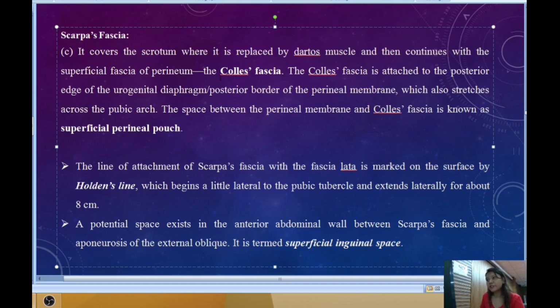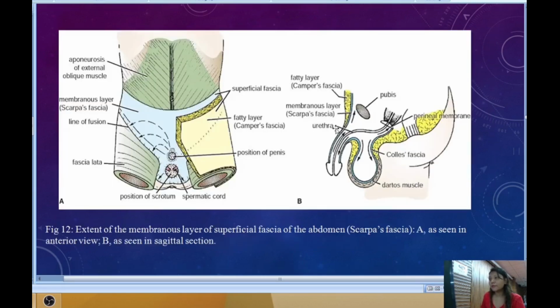Attachment of Colles' fascia is important because there is a clinical importance here. So you have to know this. The Colles' fascia is attached to the edge of the urogenital diaphragm, which also stretches across the pubic arch. The space between the perineal membrane and the Colles' fascia is known as superficial perineal pouch. This is very, very important.